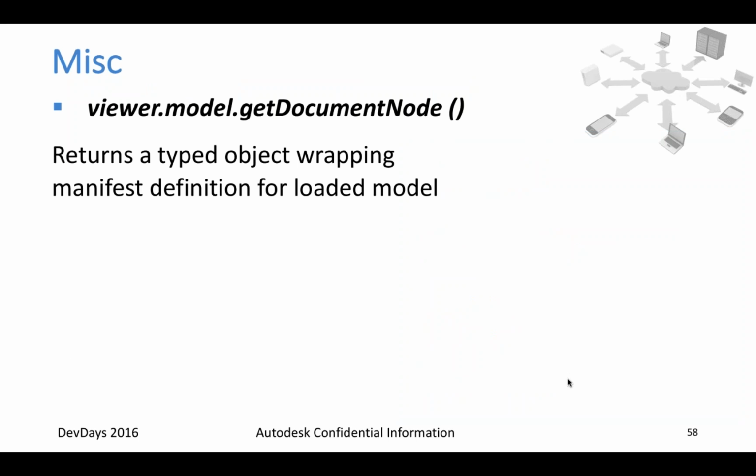Some other remaining things. There is a method on viewer.model, get document node. This returns an object that wraps the definition of the manifest for the loaded model, so you can access some information about the model from there.